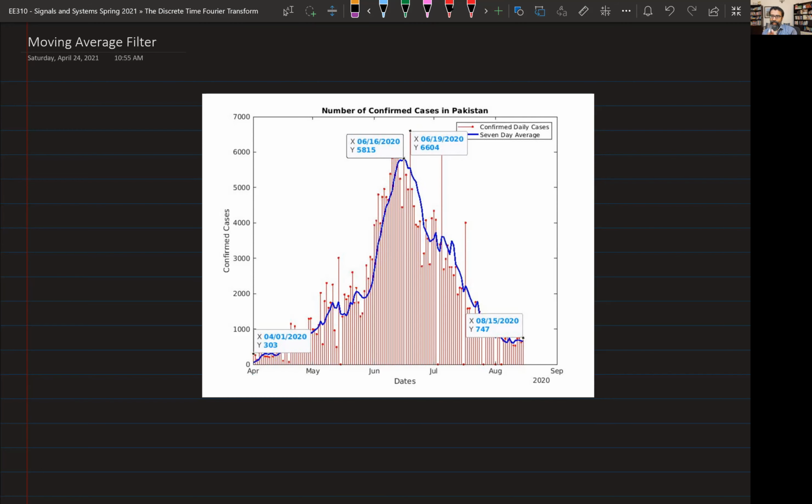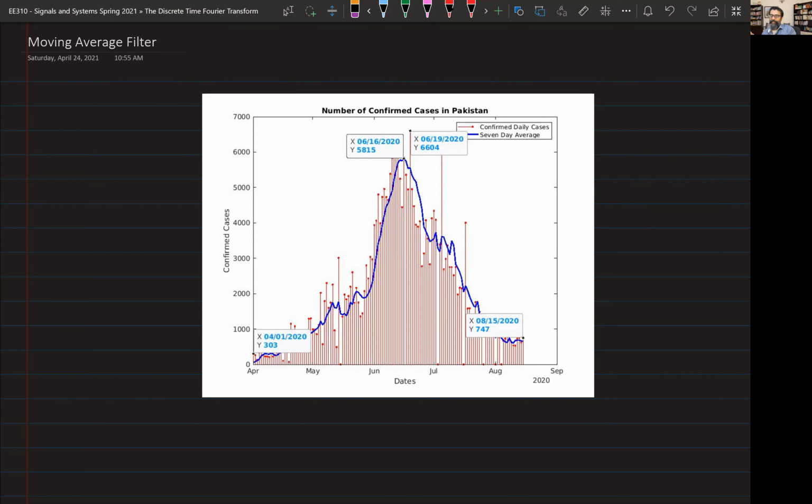So if I want to get a weekly average, what I would do is I would take the past 7 days data and just average it out. And I say that my running average today is whatever that number was from the past 7 days. Okay? And kal Sunday aata hai, right?